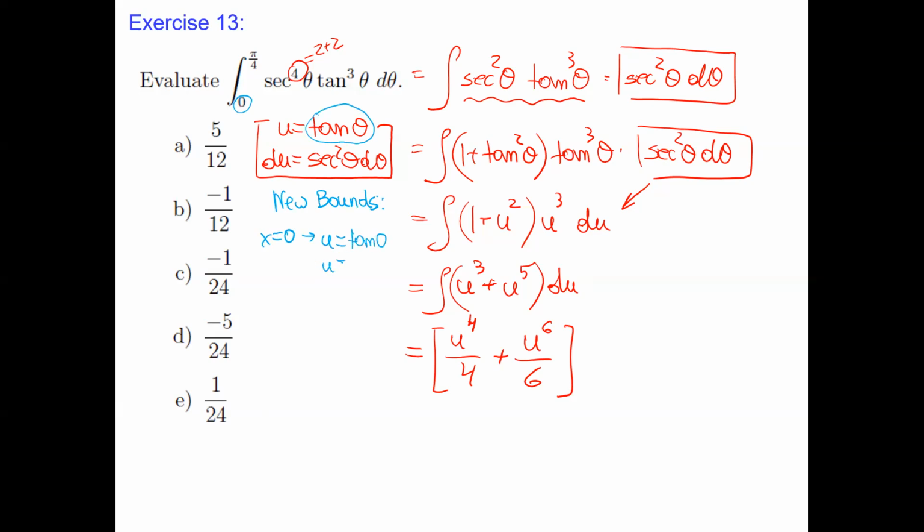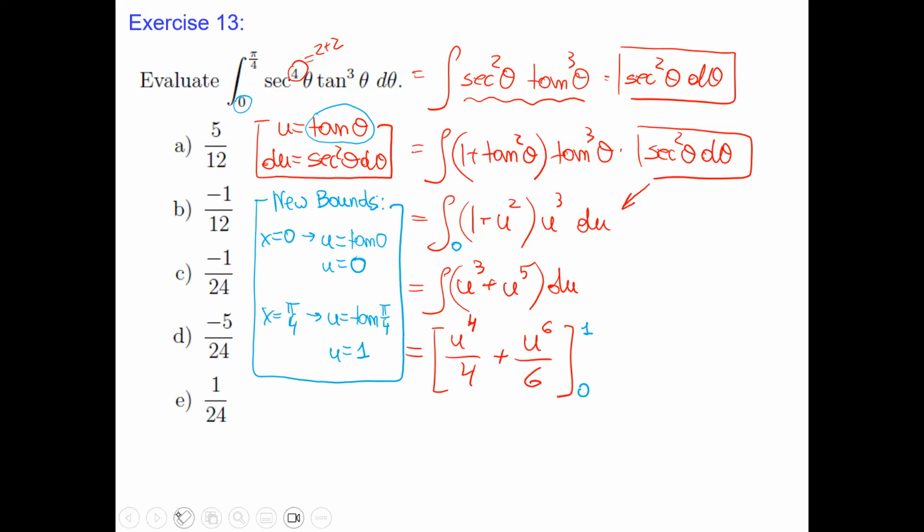And tangent of 0, everybody knows that is 0. That means theoretically it's the same number, but it's actually new. That's why I can say 0, 0. Okay, now when x is pi over 4, then the corresponding u value is tangent of pi over 4, 45 degrees. It is 1. The best limits that we can get, 0 and 1.